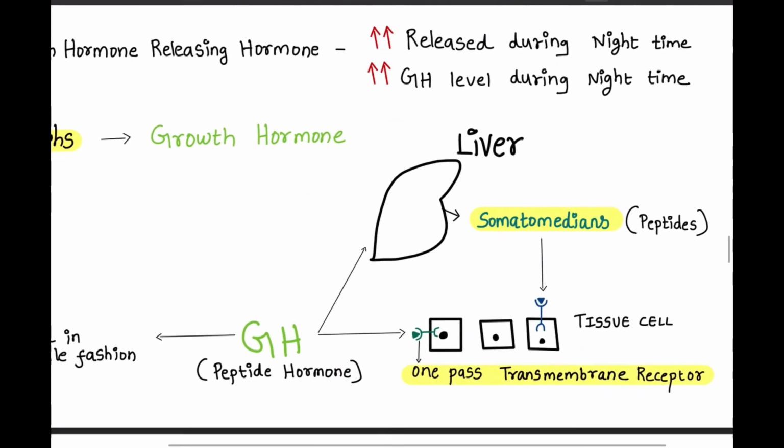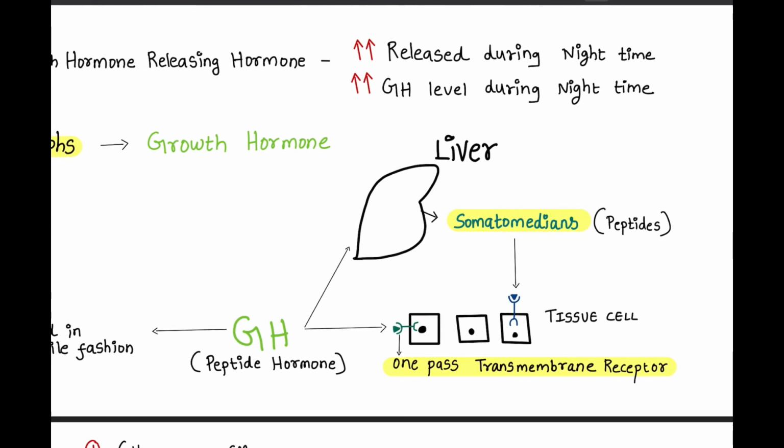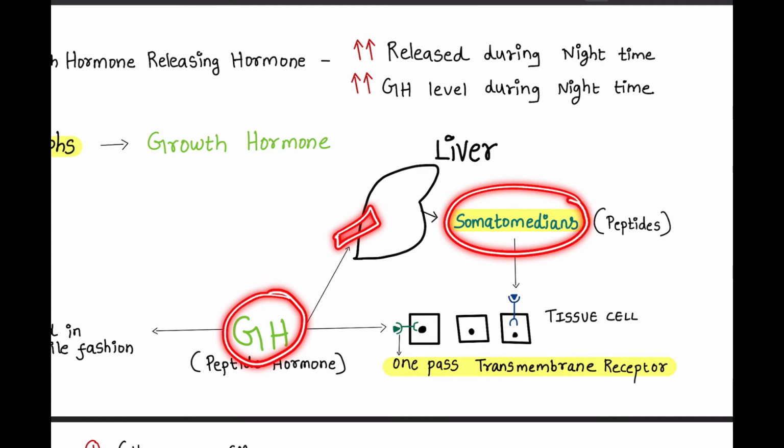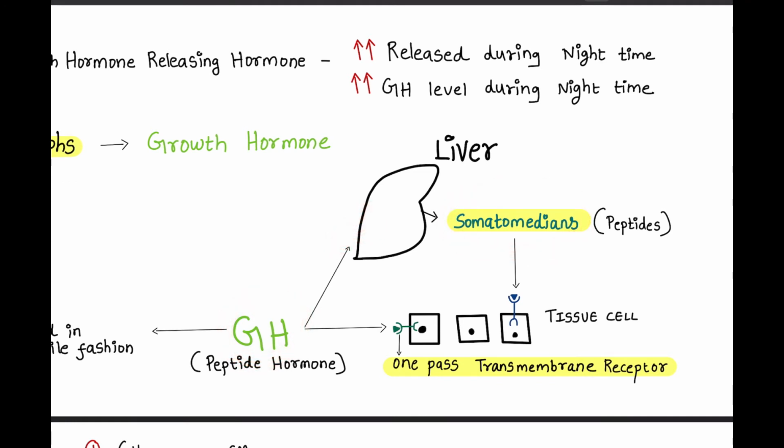So what about Laron dwarfism? In Laron dwarfism there is a mutation or disturbance in the one-pass transmembrane receptor, so growth hormone cannot stimulate the somatomedins. Even though growth hormone levels are normal or above normal, the somatomedins are decreased because of the problem with the one-pass transmembrane receptor.